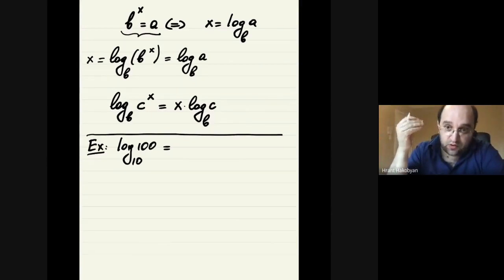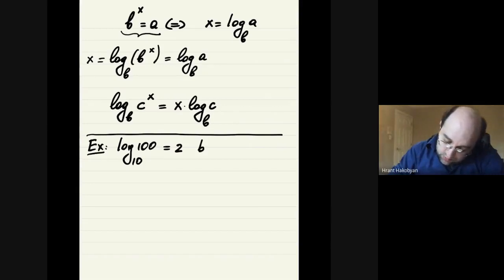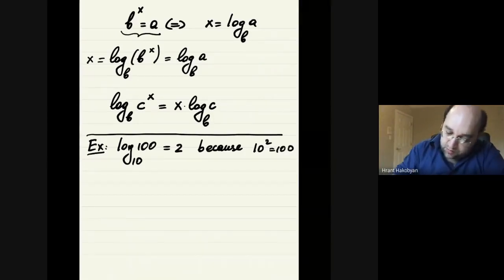And of course, that's 2, because 10 squared is equal to 100. So that's the power that I obtain as the logarithm.